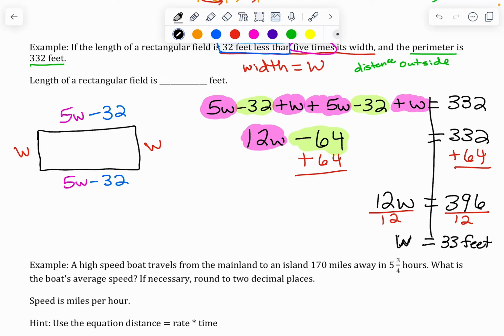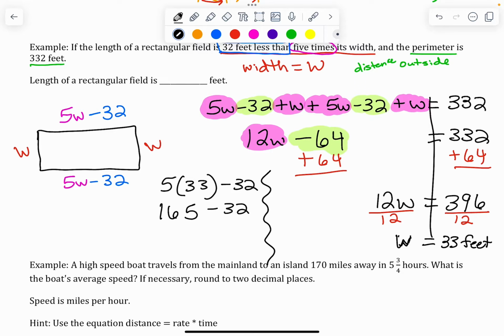So we end up with 5 times 33 minus 32. Five times 33 is 165, minus 32 is 133.